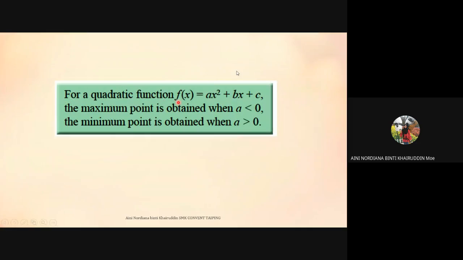So for a quadratic function, maximum point obtained when a is less than 0 or a negative number. Minimum point obtained when a is greater than 0 or a positive number.